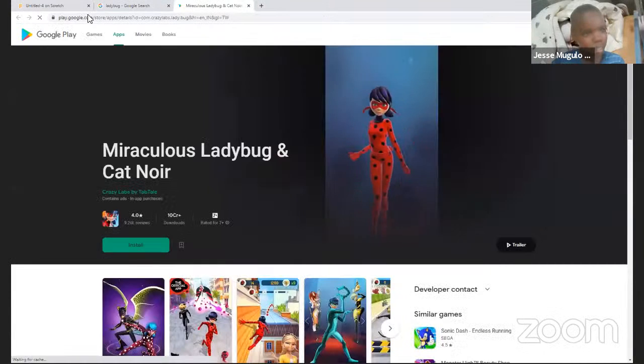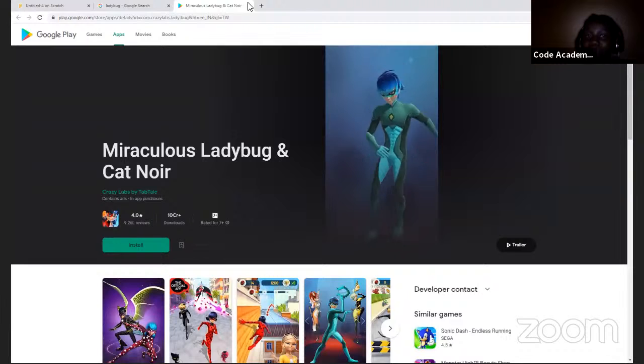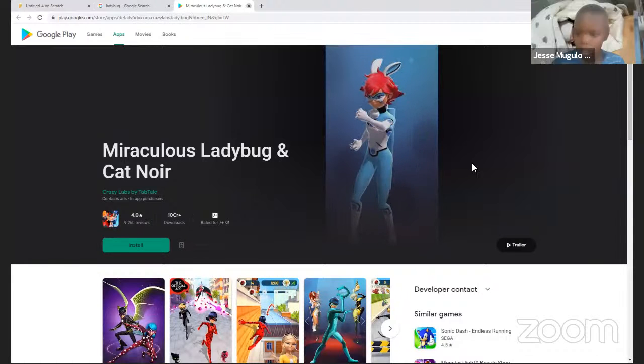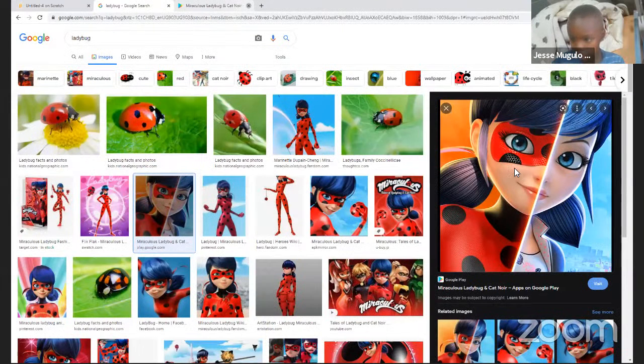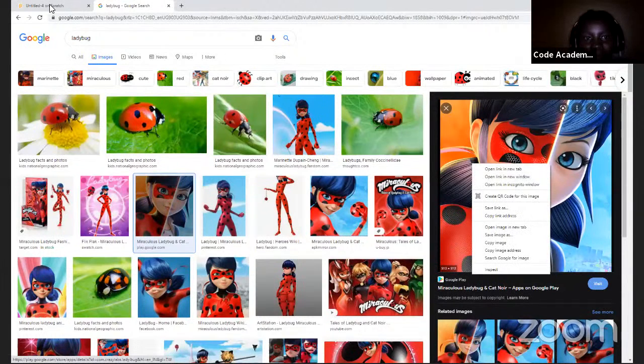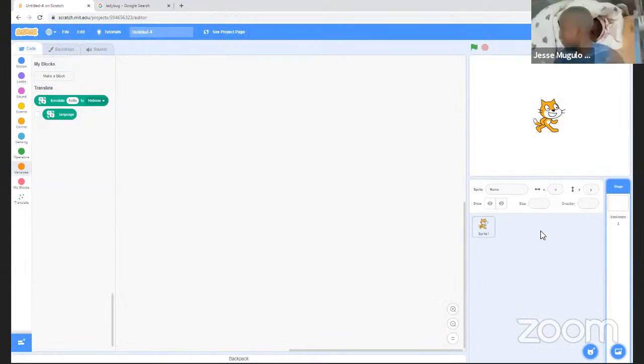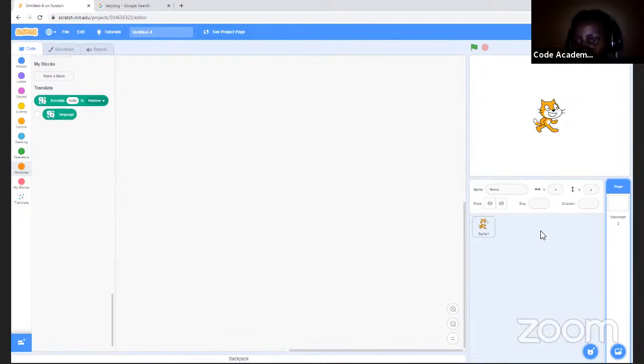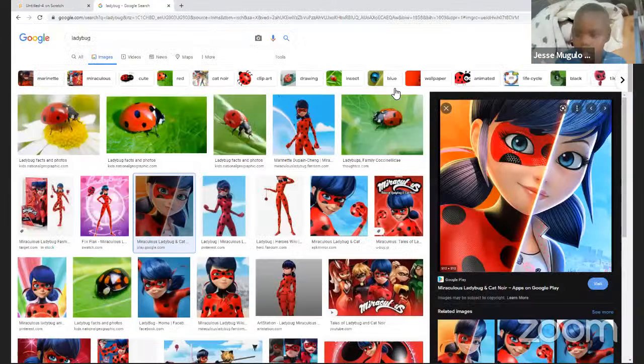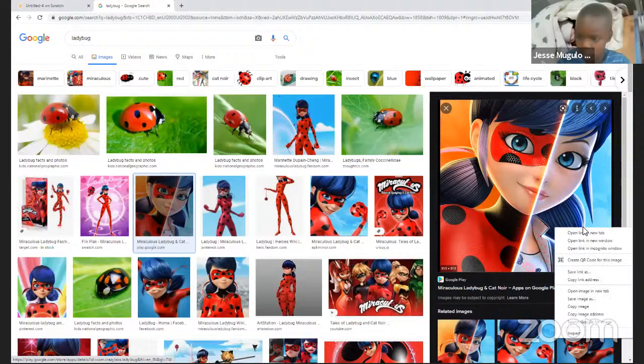Okay, I right clicked. Click the other part of the mouse. Now go to save image as. Okay, I've right clicked.